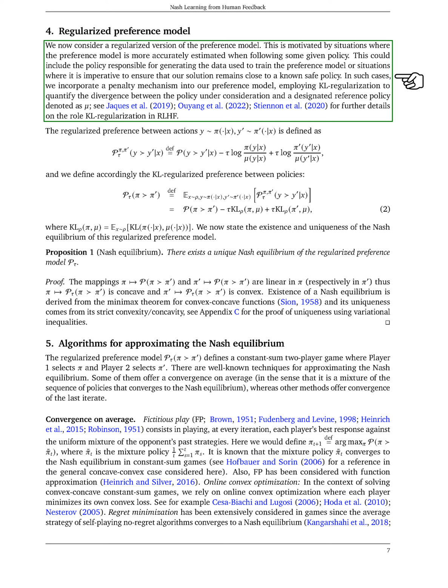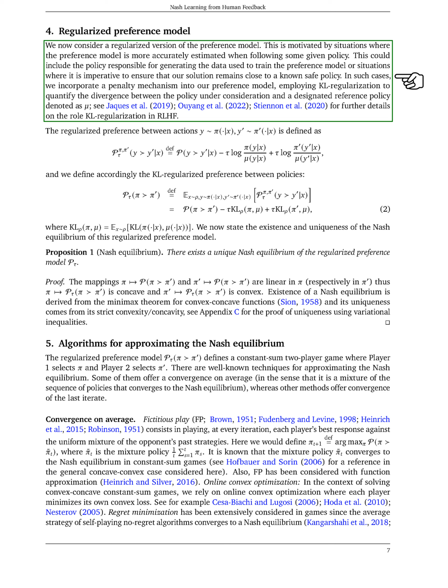Nash MD has a last iterate convergence property with a KL divergence to the Nash equilibrium decaying as 1/t. We believe this simple modification of OMD has these properties because of the special structure of the regularized preference function that we consider here, which is the sum of a bilinear function, in policy spaces, and a KL penalty term.